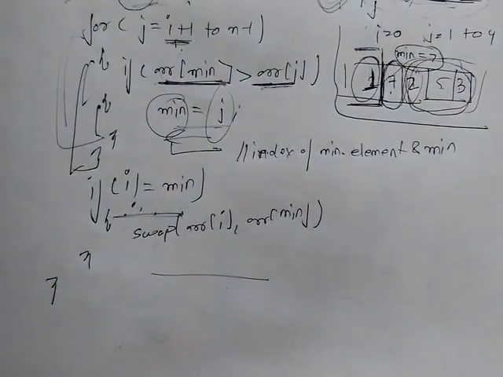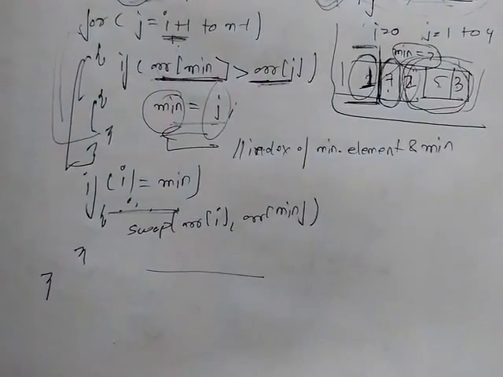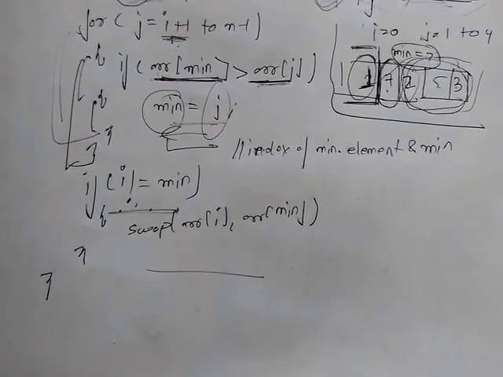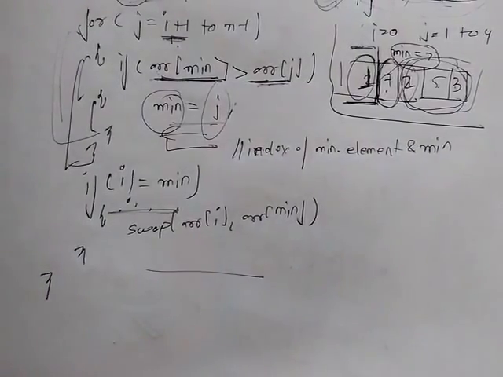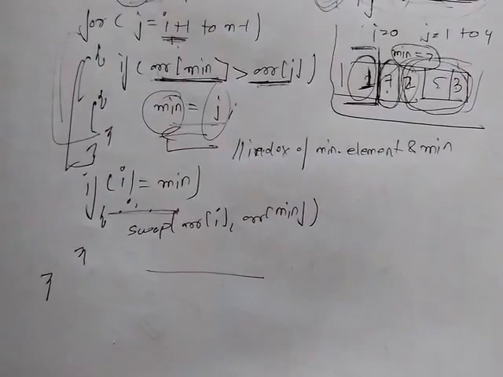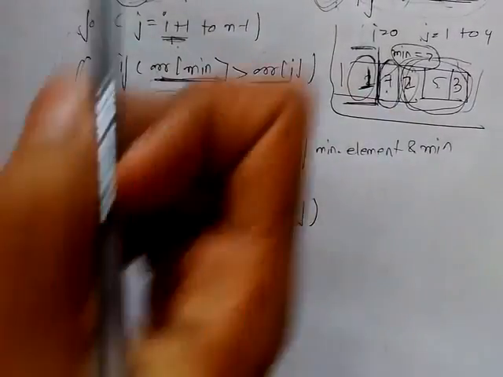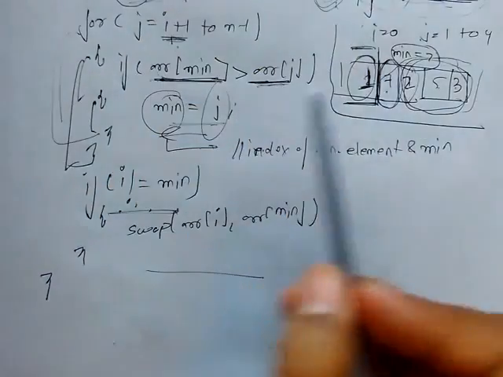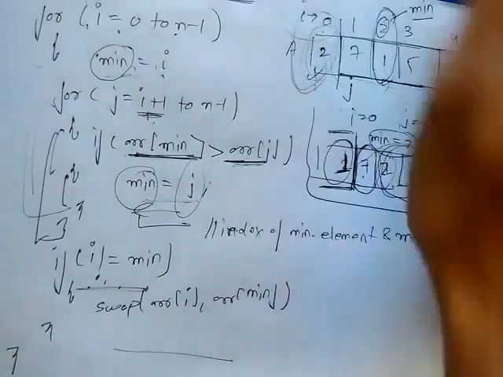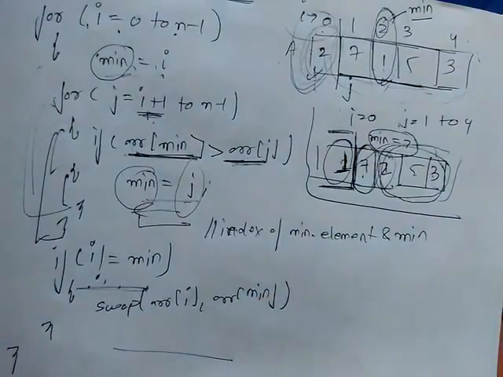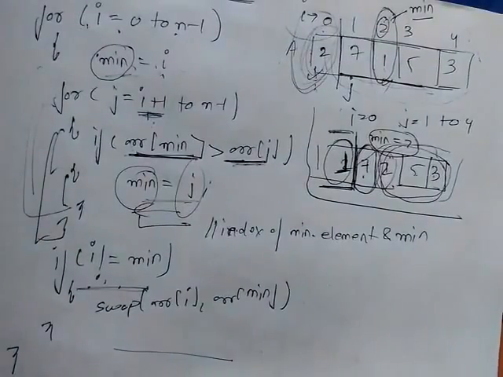Now we will discuss the analysis of this process. This process is not that efficient because in every case, whether it is the worst case or the best case, it takes the same effort. Now what is the worst case and what is the best case? Basically, how fast our algorithm works. If all the elements are in decreasing order and we want to sort them in increasing order, then it's not a good technique, because every time we will be swapping.